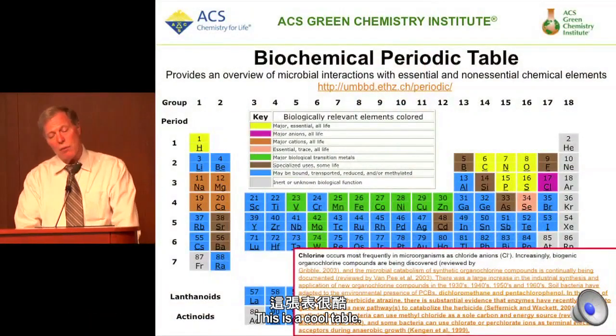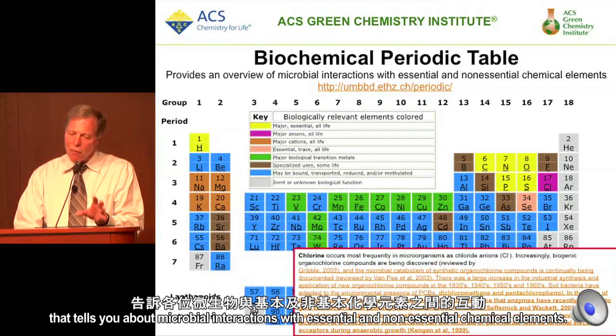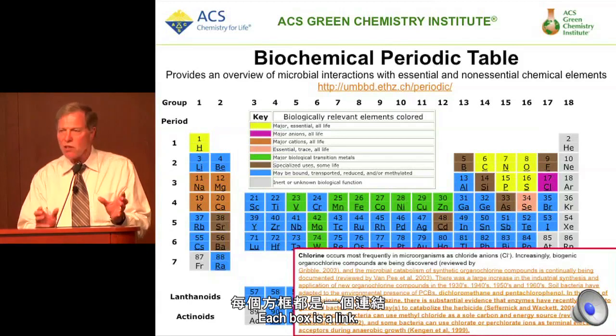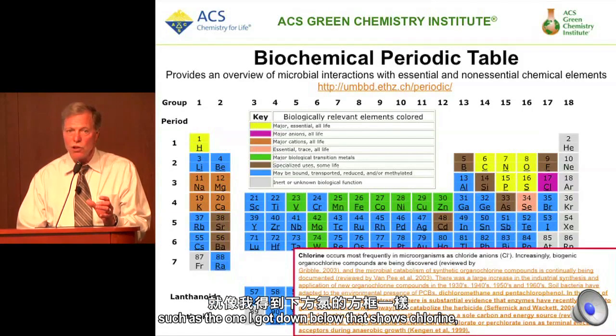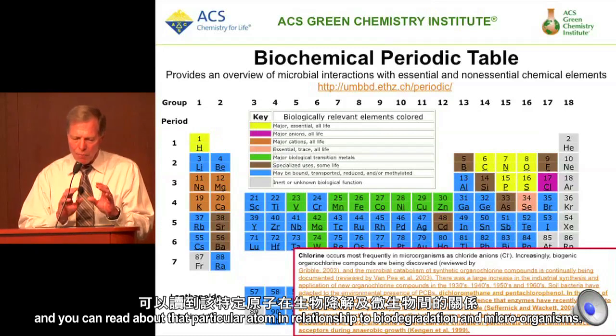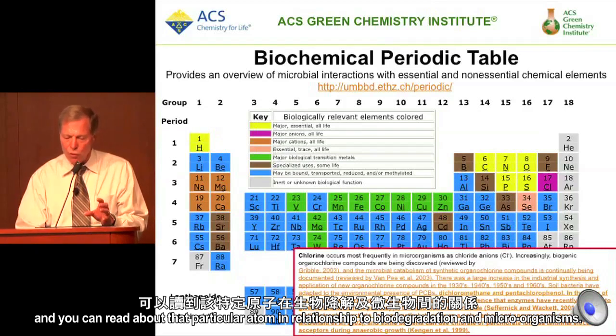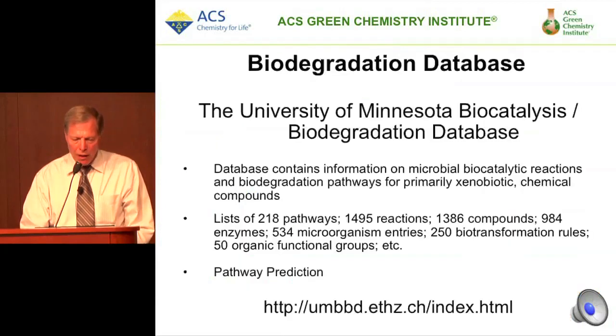This is kind of a cool table. It is a biochemical periodic table that tells you about microbial interactions with essential and non-essential chemical elements. So you go to it, each box is a link, you tap on that link, and you call up a box such as the one I got down below that shows chlorine, and you can read about that particular atom in relationship to biodegradation in microorganisms.